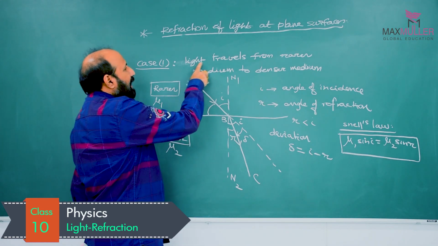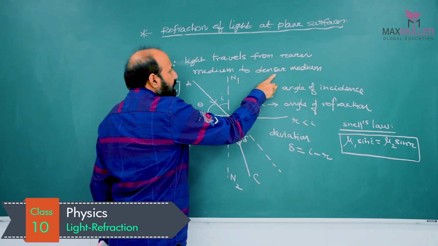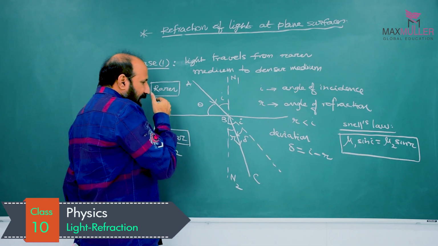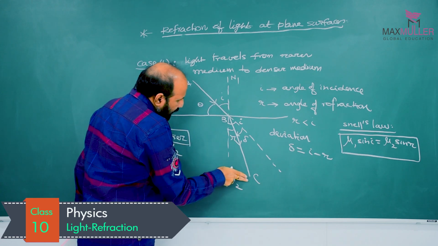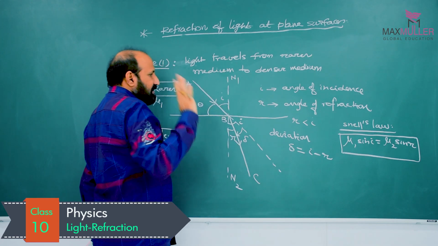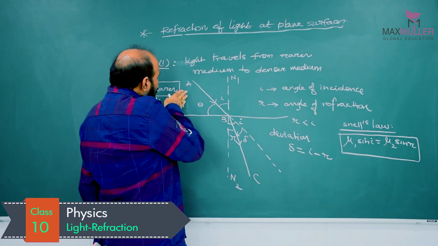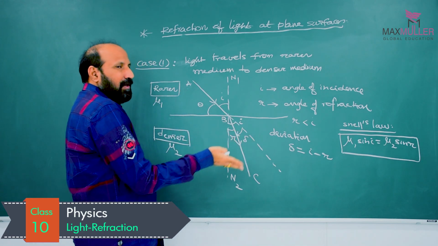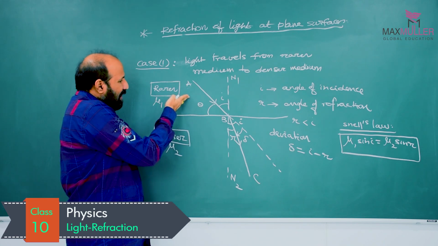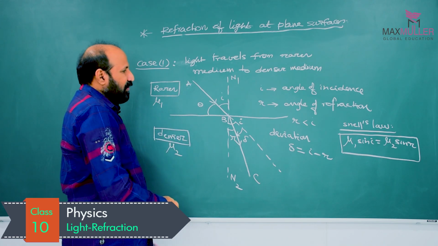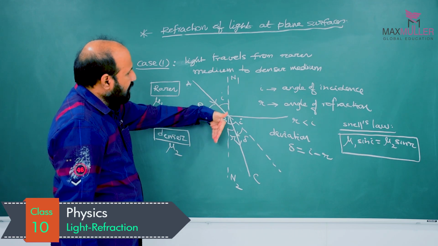Therefore, when light travels from rarer medium to denser medium, the light ray bends towards the normal. Incident ray, refracted ray, normal lies in the same plane. When it moves from rarer to denser, say for example, air to water, air to glass, water to glass, it bends towards the normal.